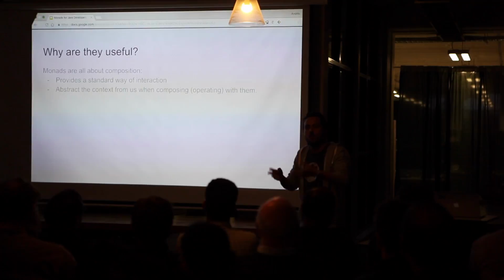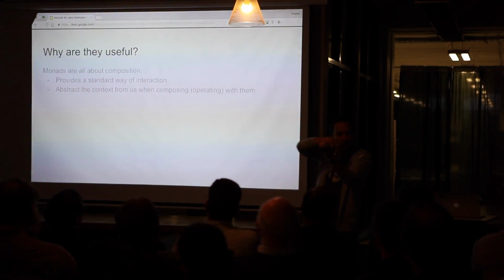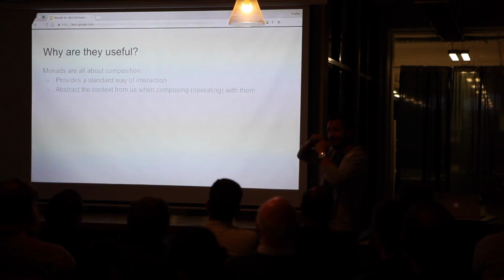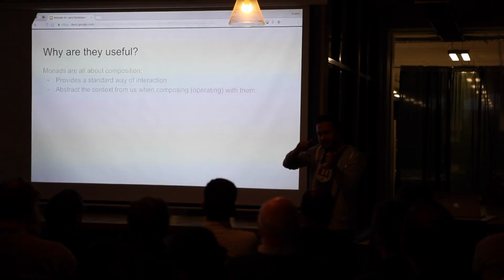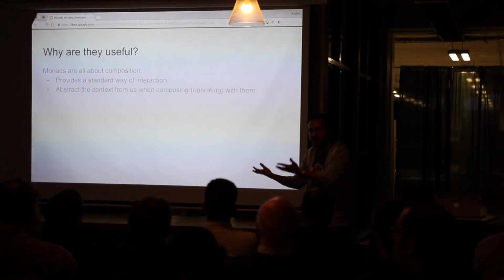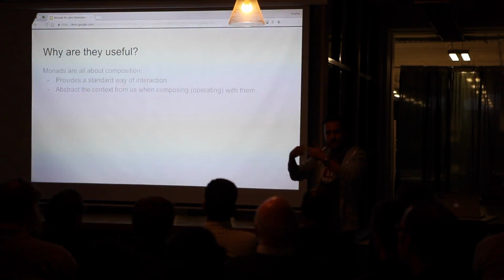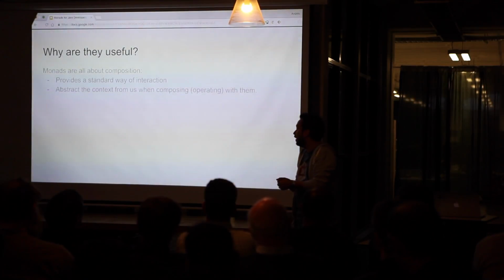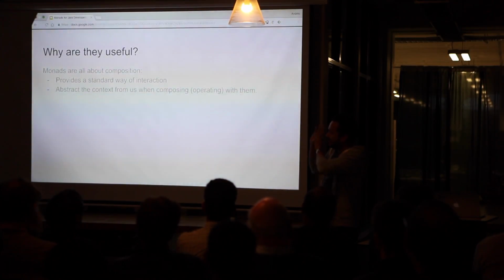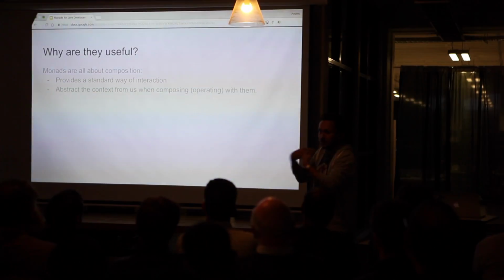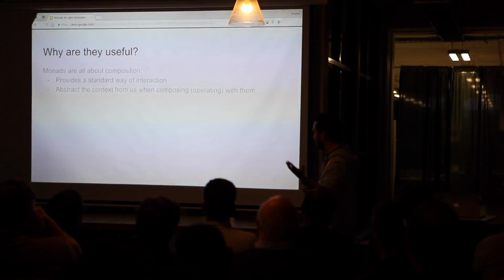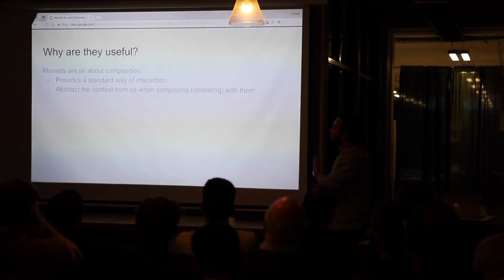You don't need to know how to get the value out of the wrapper type. In Java, in the CompletableFuture, you cannot just get the value. There is no get. So the only way to interact with them is through monads. And again, we don't need to manipulate the wrapper context, which is optional in this case, when composing with monads.